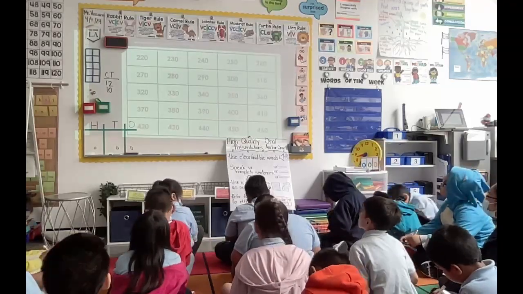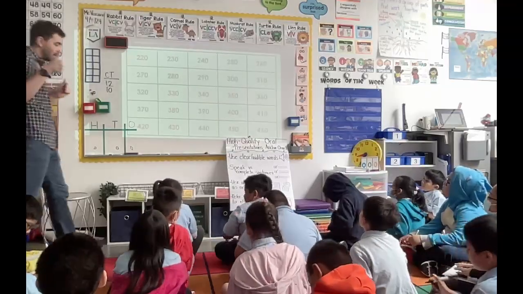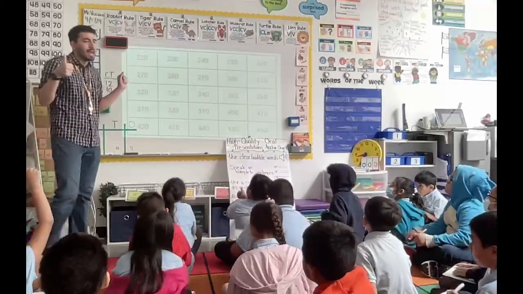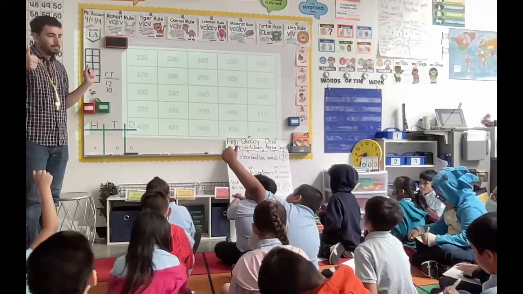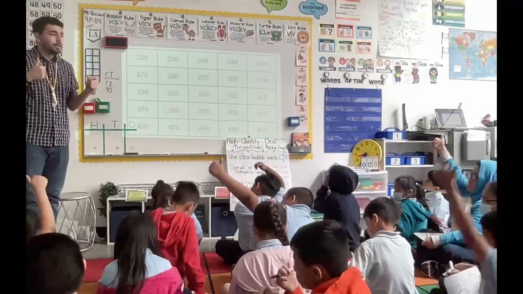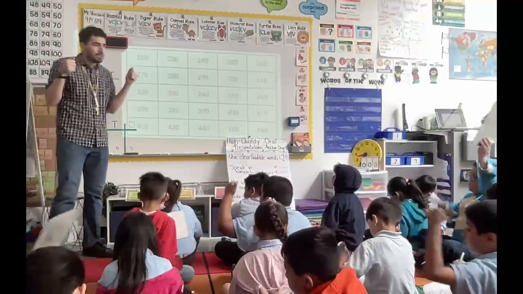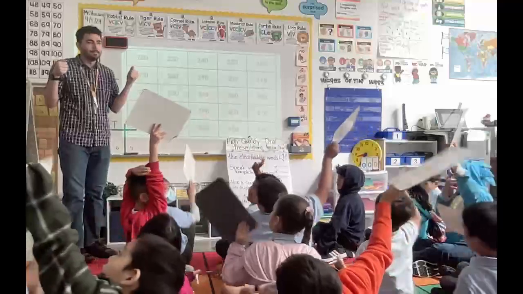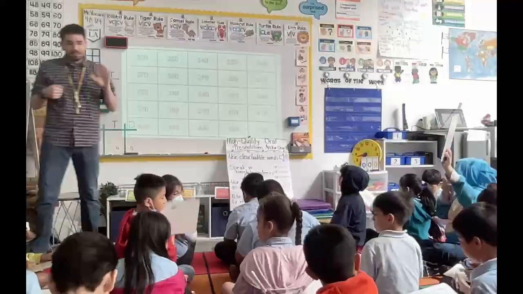Write it on your whiteboard. Give me a thumbs up when you're done. I see Kevin has a silent thumbs up. Delaney does. I'm going to go quick. Show me your whiteboards in 3, 2, 1. Show me. Ooh, what'd you write? 330. Good.